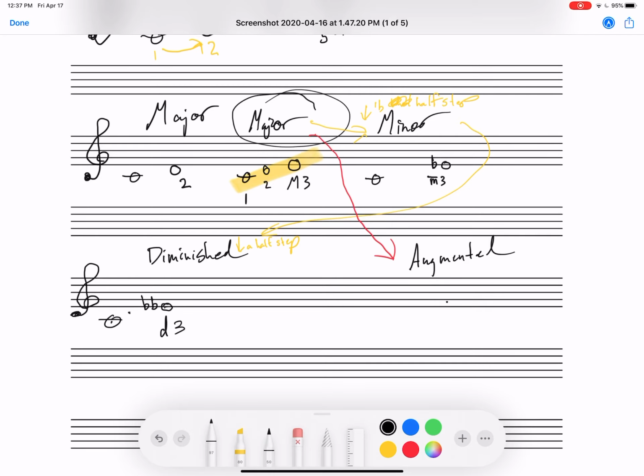So if we have C to E, we'll go ahead and write that out again. That's my major interval here that's written. But now I'm going to raise it up a half step. So I'd end up with E sharp. And that would give me my augmented interval, so going up a half step.